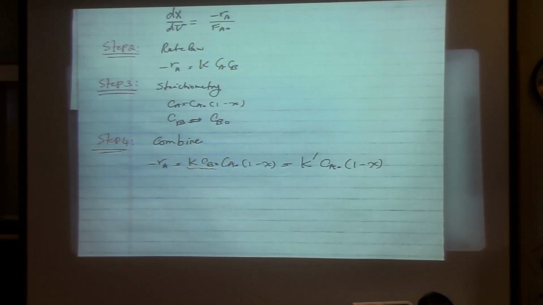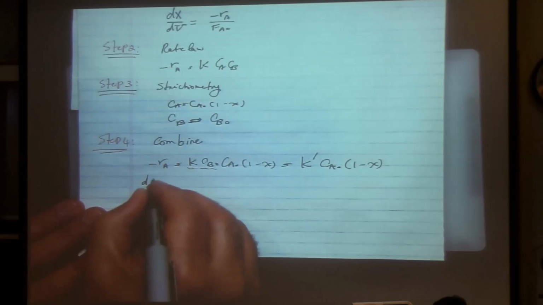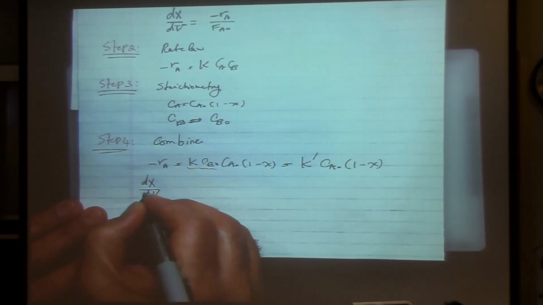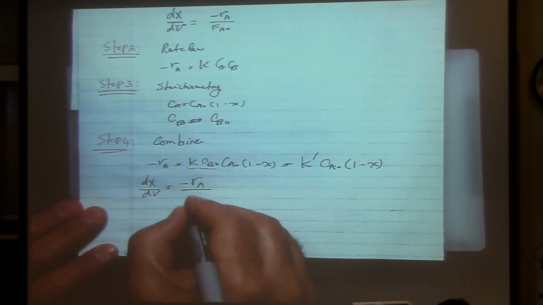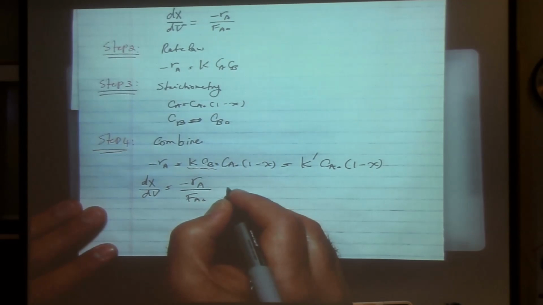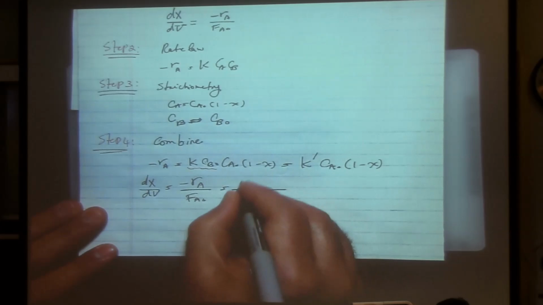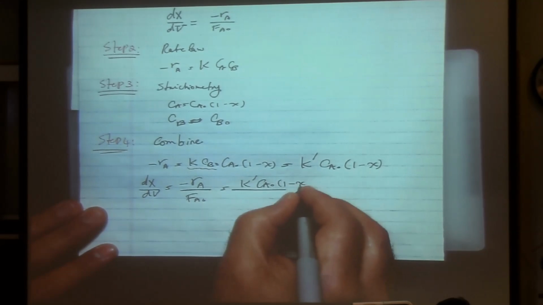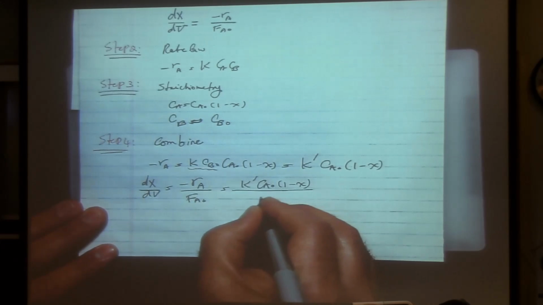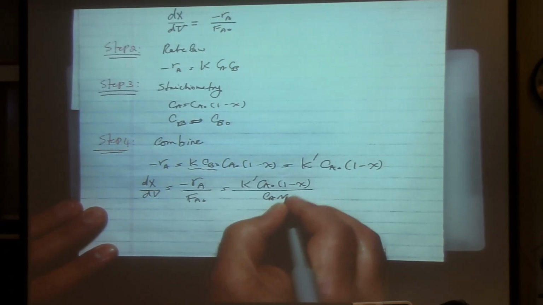Okay, so then is solving the ordinary differential equation. So it's going to be dX/dV is minus rA divided by FA0, and that would be k' CA0 (1 minus X) over CA0 v0.